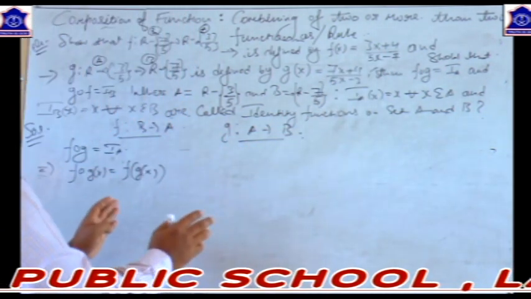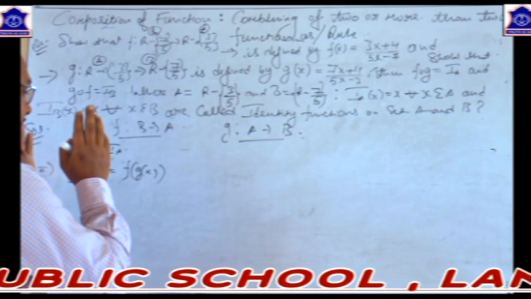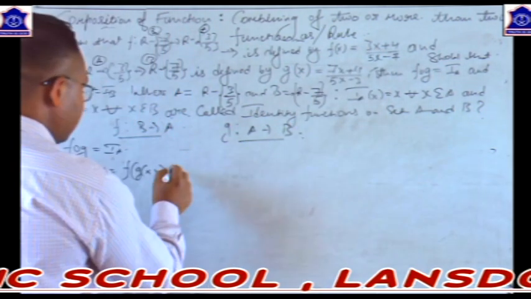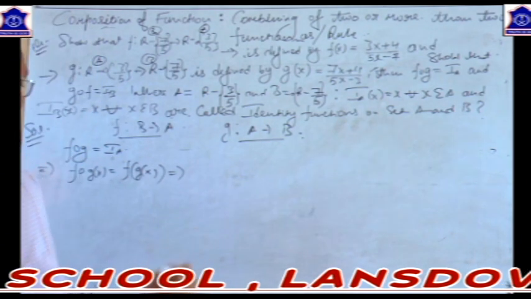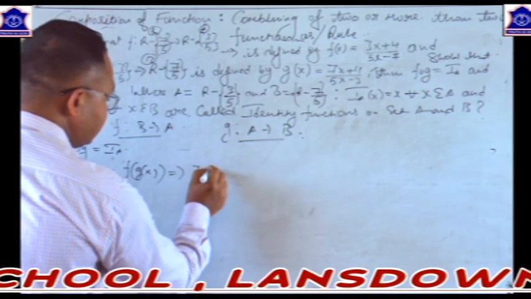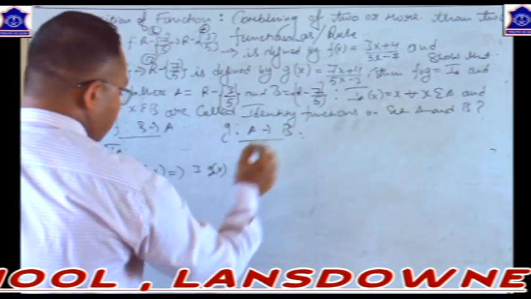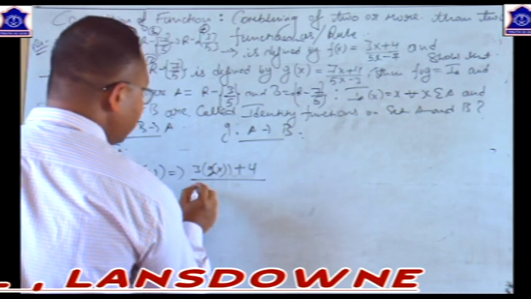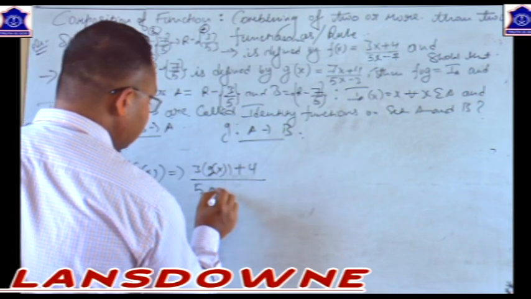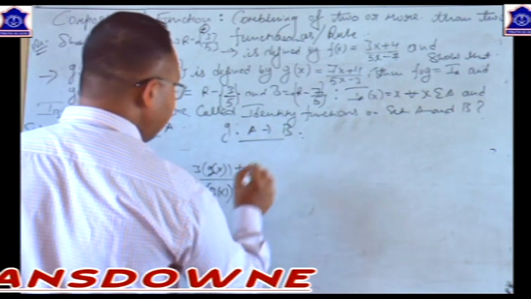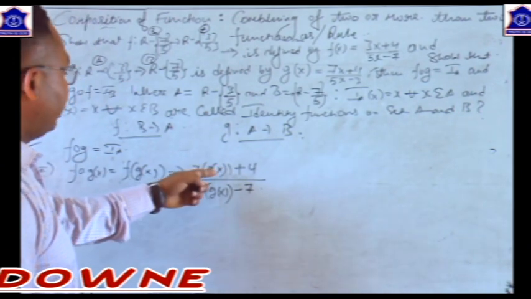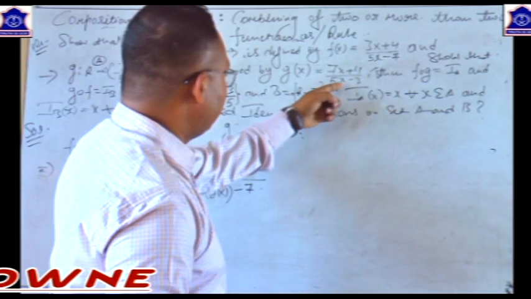We are going to substitute x as gx, which implies that we are going to get (3gx plus 4) upon (5gx minus 7). Okay, and the value of gx is (7x plus 4) upon (5x minus 3).